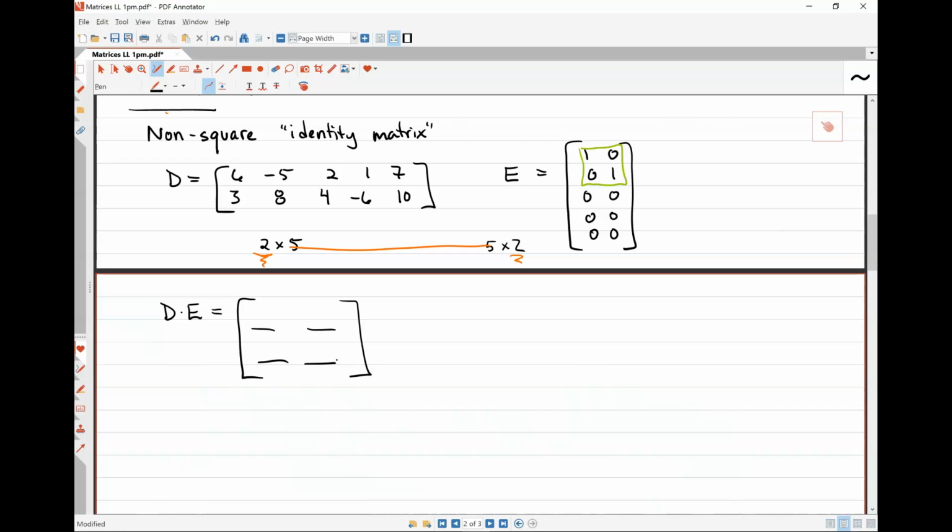If I look at what's going to go in the first slot, first row, first column of E, this column is all zeros except the one at the top. So it's just going to have the same entry as the first entry in the D matrix. To get this entry, I'm going to use the first row of D and the second column of E, and that's got all zeros except for a single one as well, and that one is going to pick out the -5.